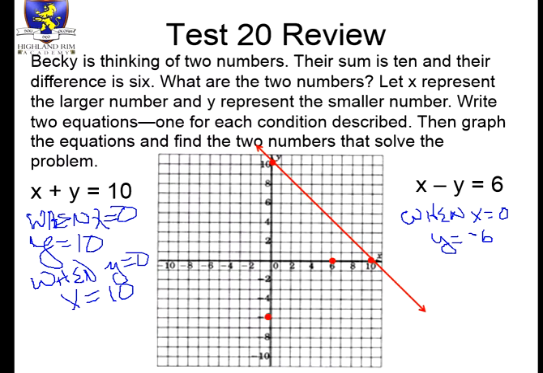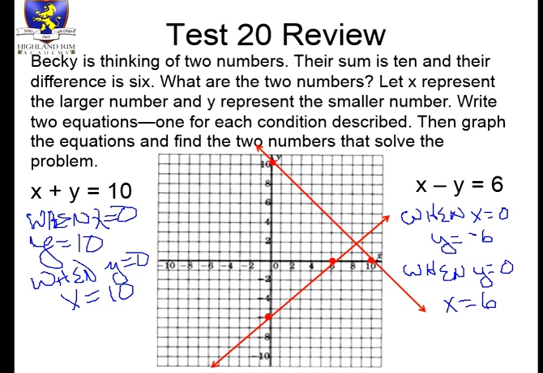And when y equals 0, then x obviously equals 6. So we end up graphing these guys, and what we can see is we're kind of at 8, 2. We'll kind of agree with that.